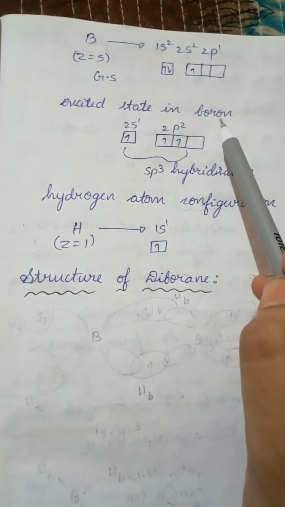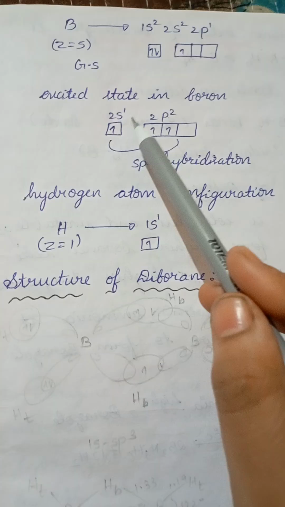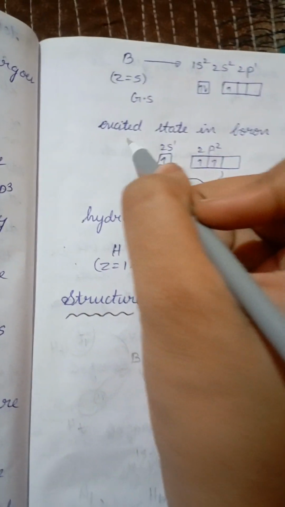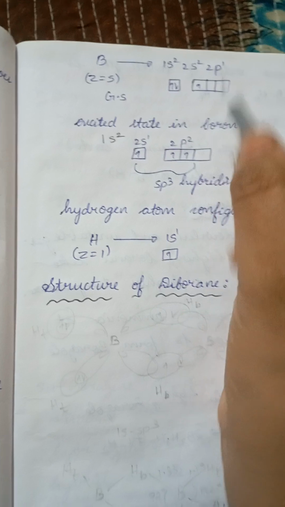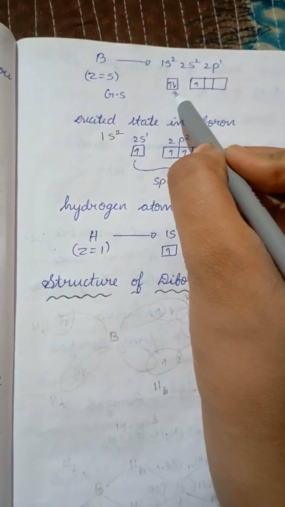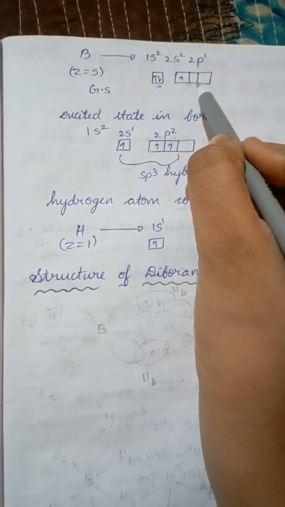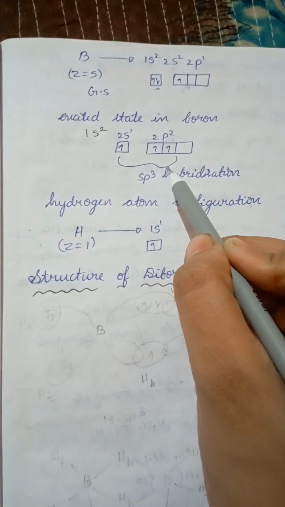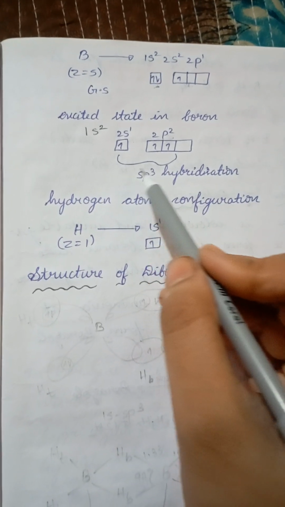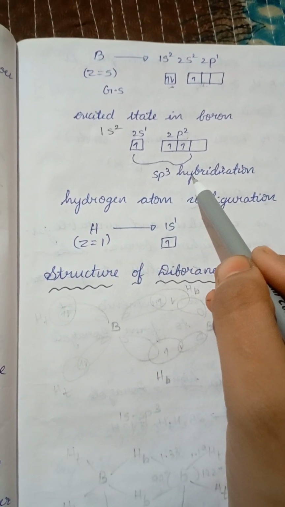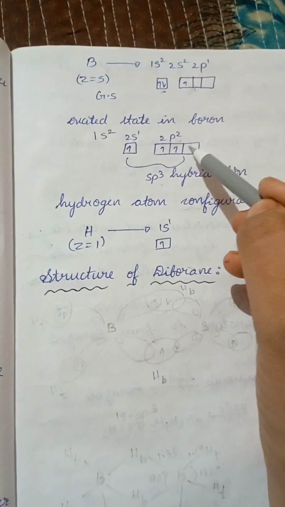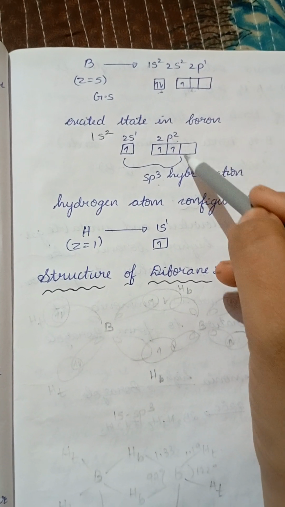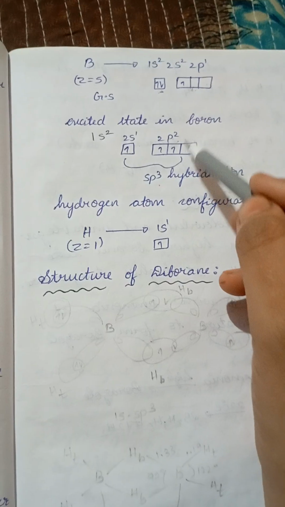In excited state, it becomes 1s2, 2s1, 2p2. One electron jumps from s orbital to p orbital and becomes sp3 hybridization. Here the vacant orbital also involves in hybridization.